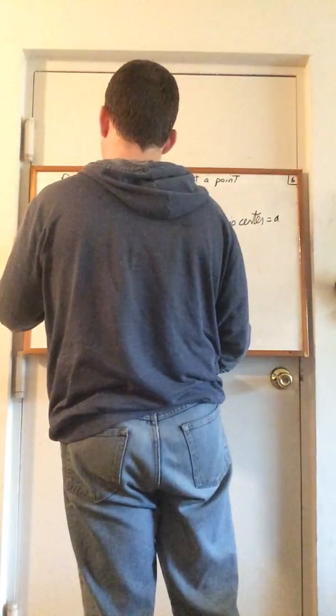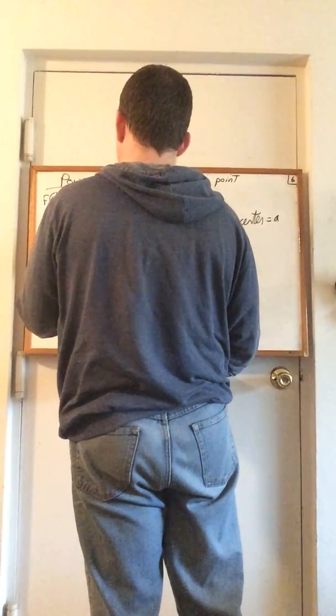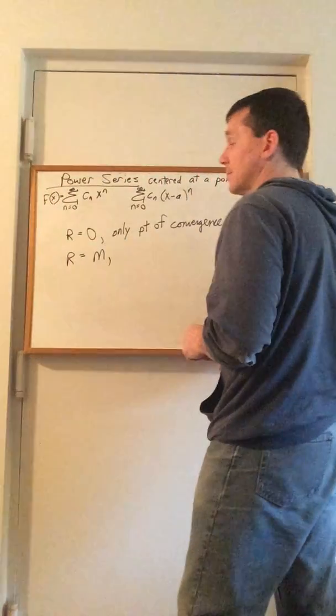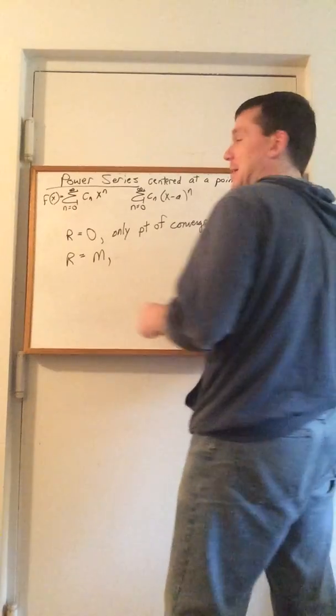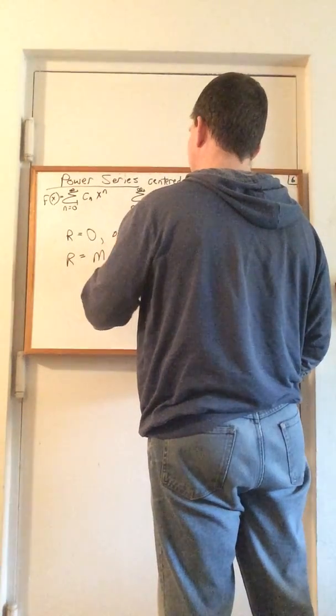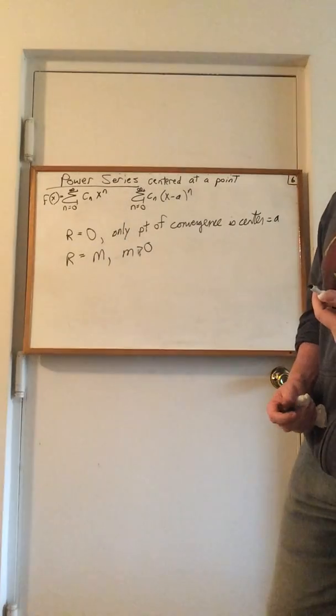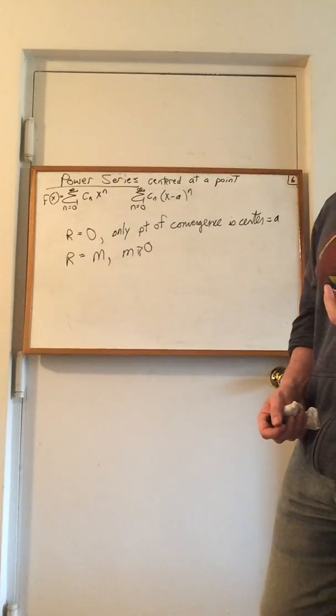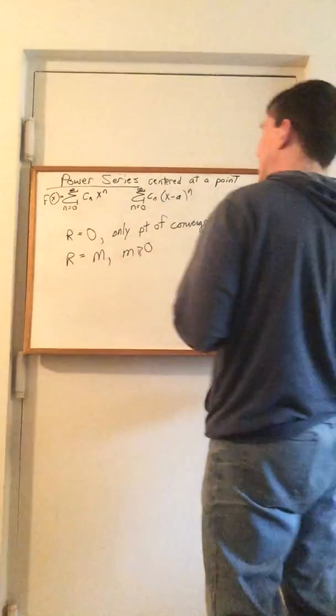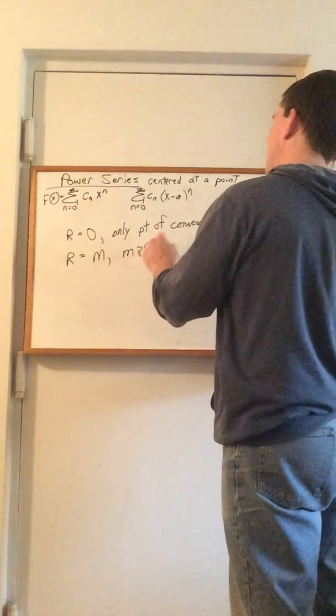The next option, your radius is equal to, we'll say, M, where M is just some number greater than 0. I think the first one we got a radius of 5. And then you'll have an interval of convergence around the center.